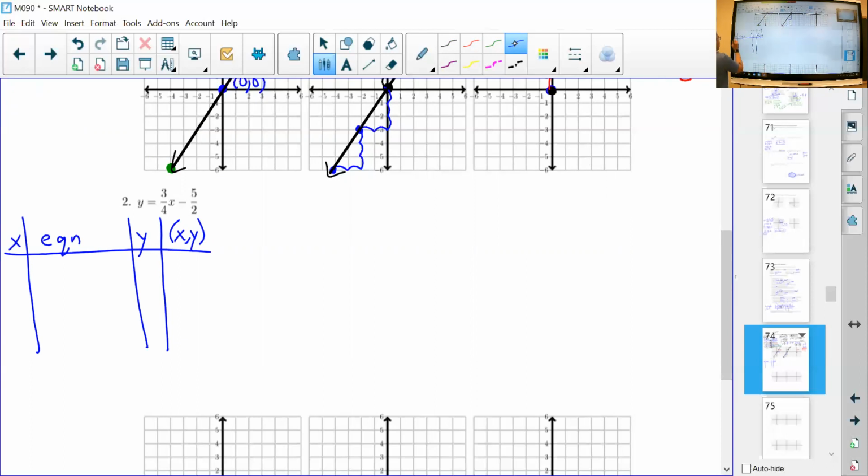Let's start with 0. So I have Y equals 3/4 times 0, plug in 0 for X, minus 5/2. And that's just negative 5/2. So the point 0, negative 5/2 is on my graph.